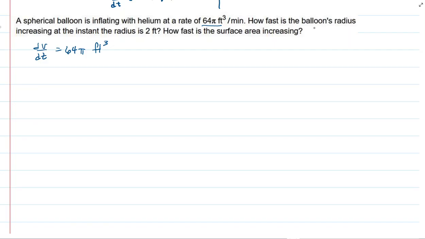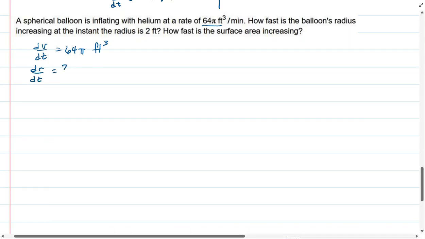How fast is the balloon's radius increasing? dr/dt when r is 2. Right. So this is our known or given. That's what we have.